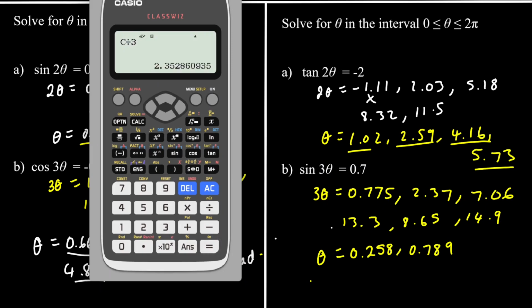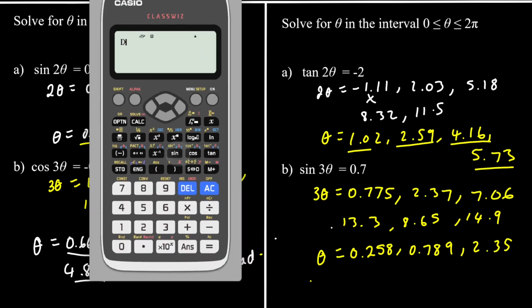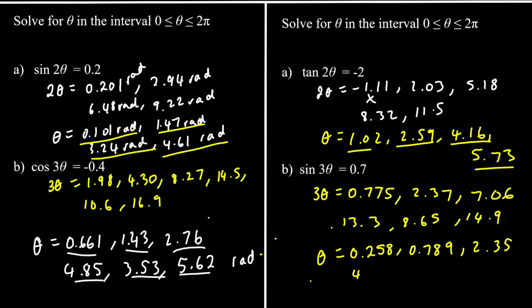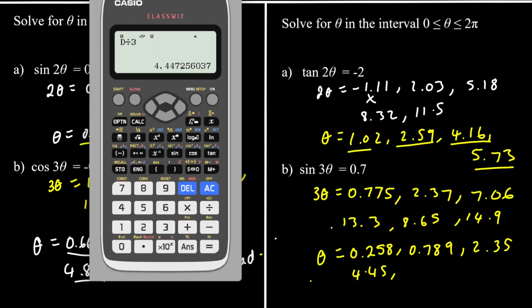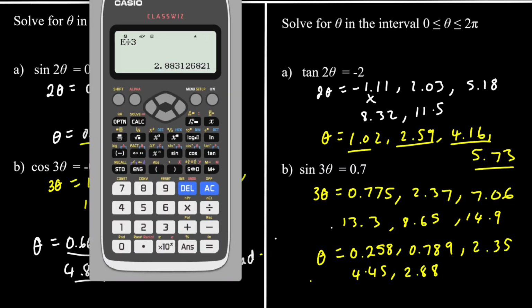Then we have 2.35, 4.45, 2.88, and finally 4.98.